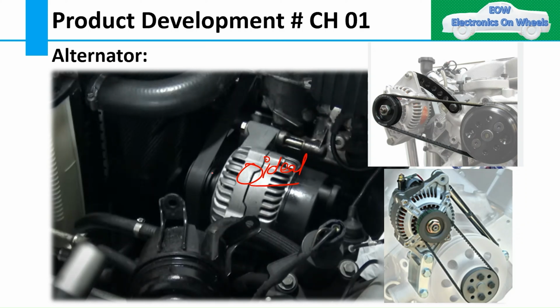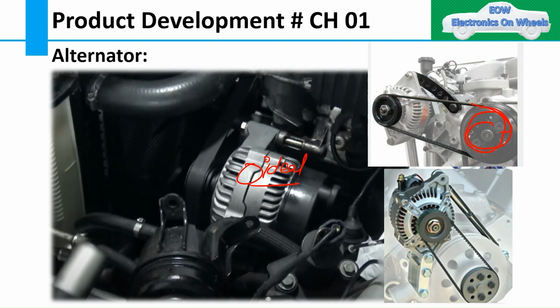So you can see the location of this alternator placed in the car, and how it is packaged. The alternator is always mounted on the engine with the support of a bracket. In this slide you can see the alternator has a connection with the pulley on the crankshaft.